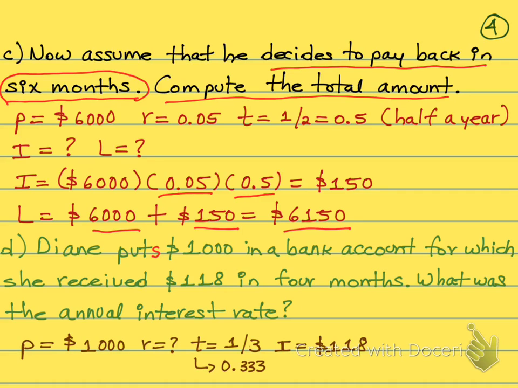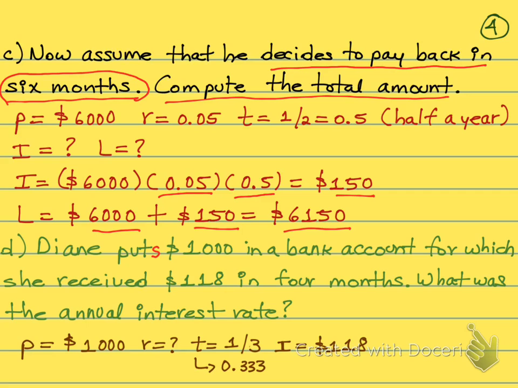So I is equal to 6,000 times 0.05 times 0.5, half a year, and that's 150. L would be 6,000 plus 150, that's 6,150. Okay, so instead of paying in 1 year, he decided to pay back in half a year. So that would be half the interest amount.